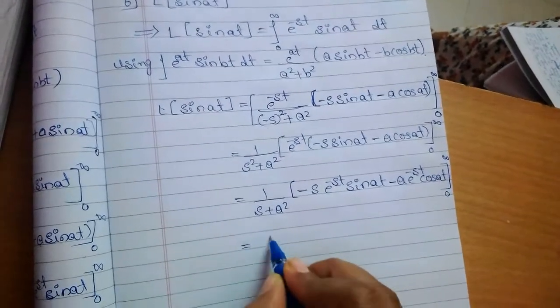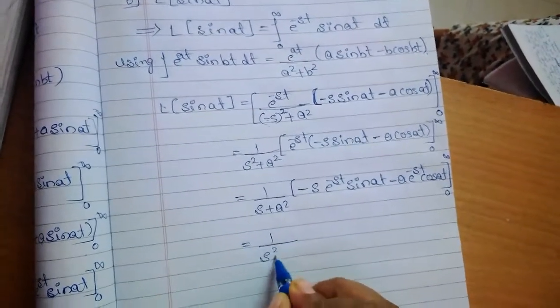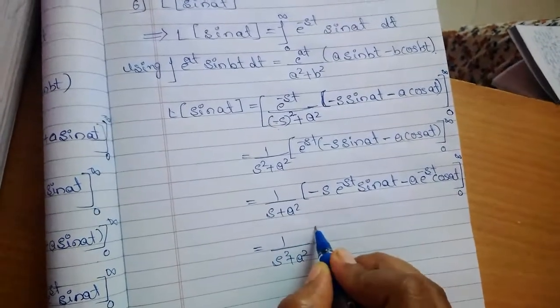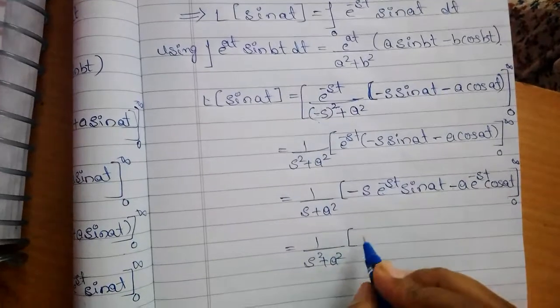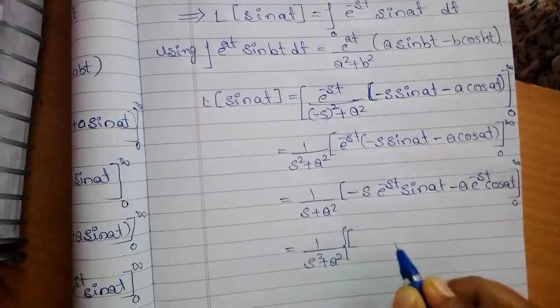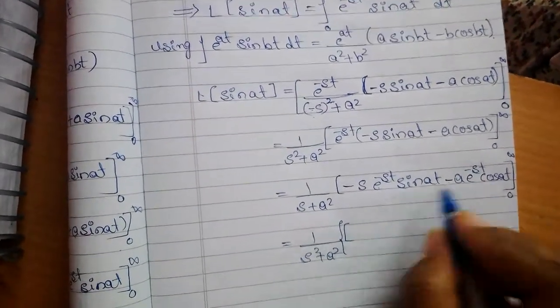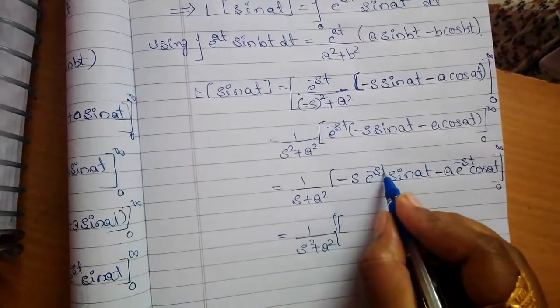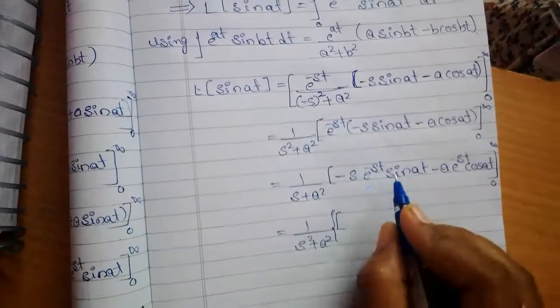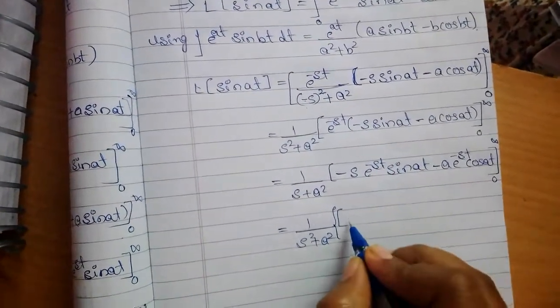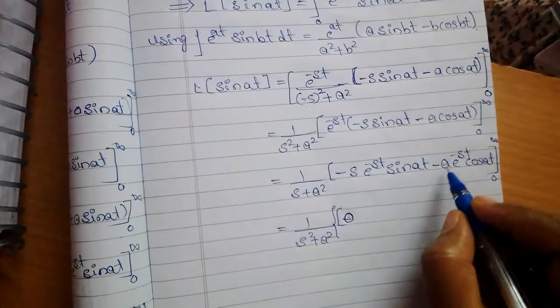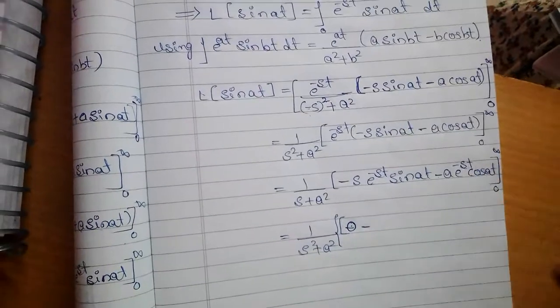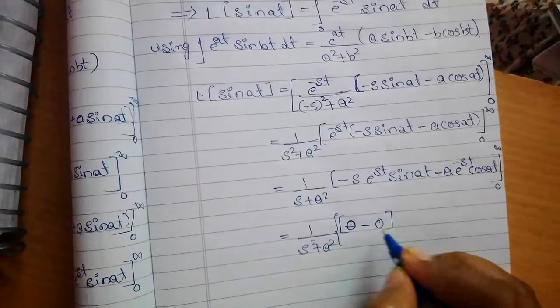Next one is applying limits. 1 divided by s square plus a square. First applying upper limits, we get, take our bracket here, e raised to minus infinity value is 0. 0 into something is 0. It is minus, means it is 0 only. 0 minus of e raised to minus infinity is again 0.